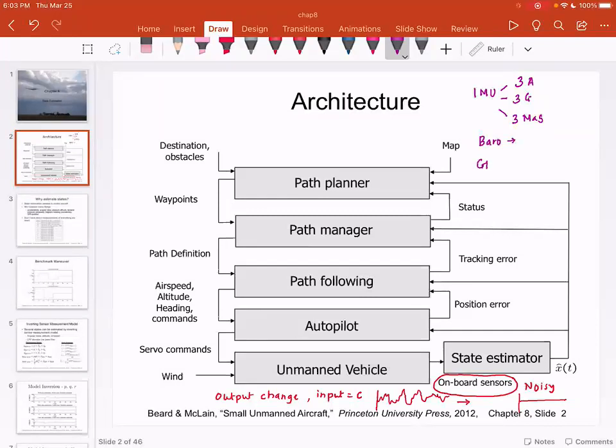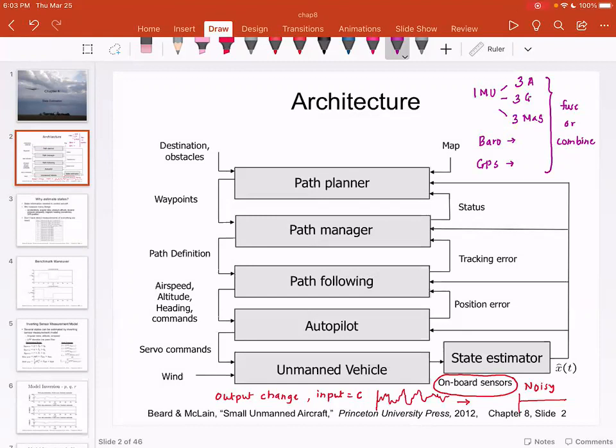Then we have GPS, and GPS is unreliable. You may get a good fix, you may not get a good fix. Sometimes you get an accurate reading, sometimes you don't. So how do we fuse or combine data from these different sensors so that we can estimate the state accurately?